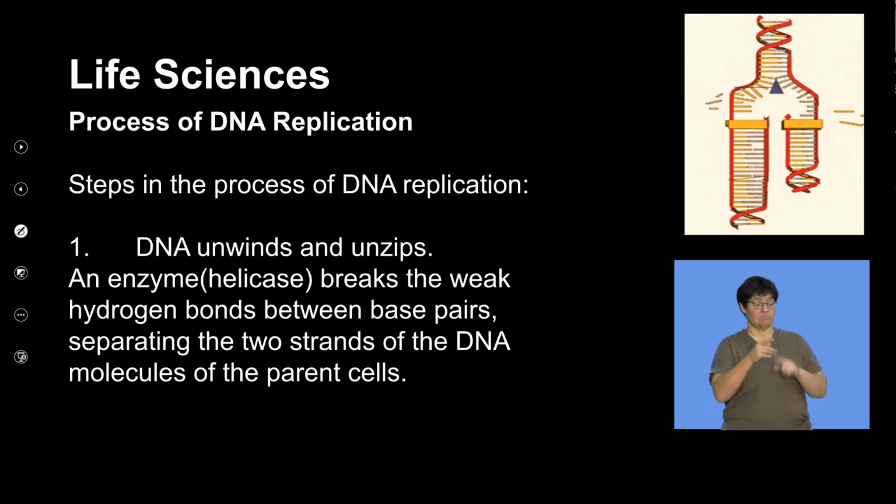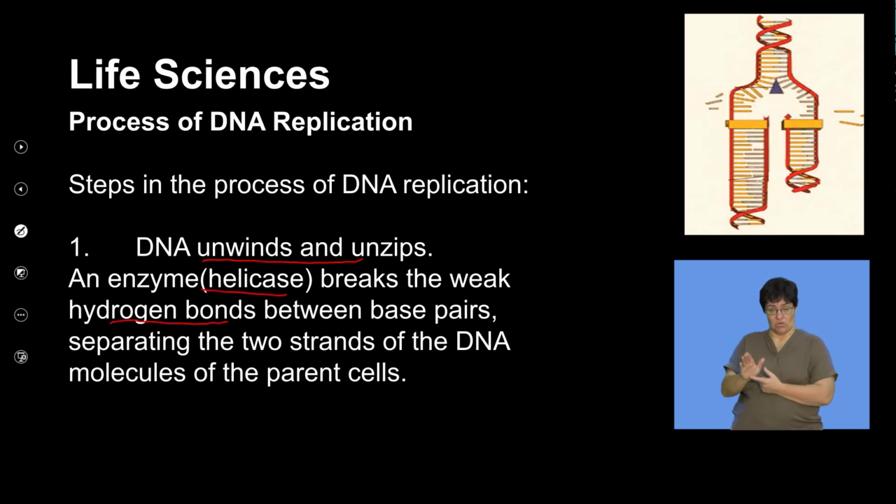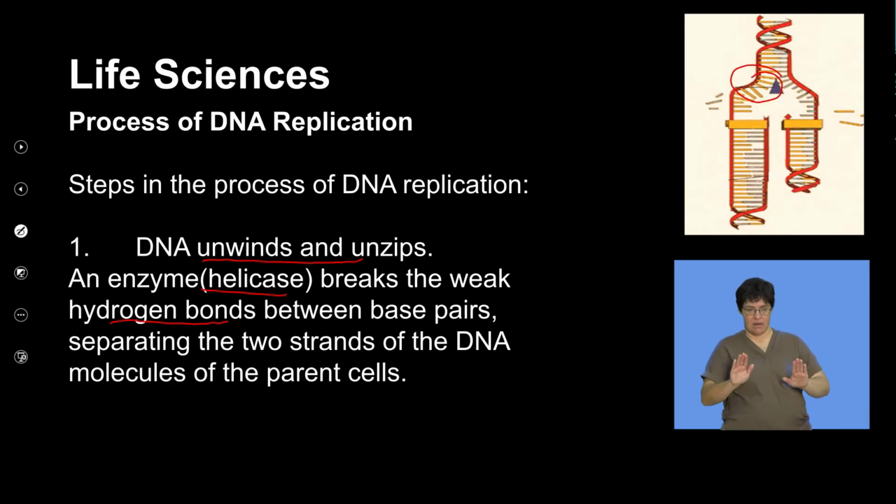So if we were to wrap this up in a few steps, the steps are as follows. The DNA unwinds, unzips. An enzyme called helicase helps to break the hydrogen bonds, as I've indicated in here. So this is the enzyme that's going to break them up. And this causes the two strands to separate, creating what we refer to as DNA templates.